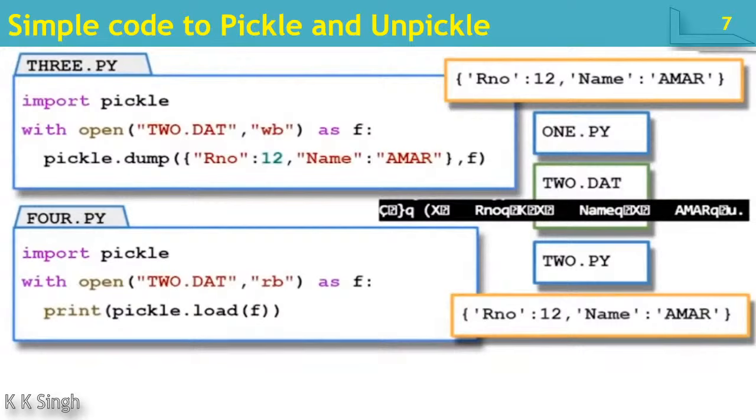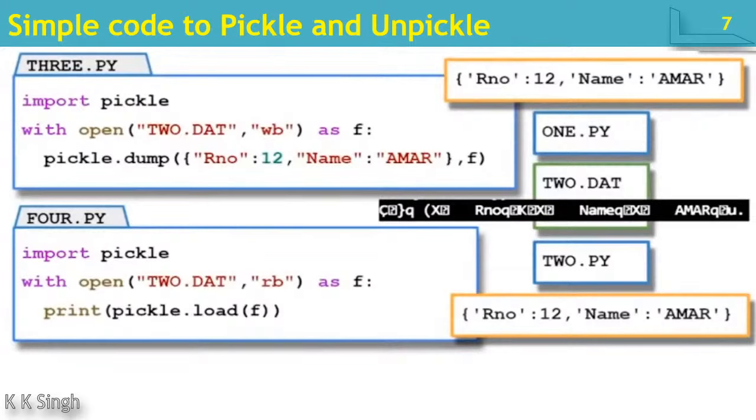Since I had dumped a dictionary onto 2.dat, while loading the information from 2.dat it will load a complete dictionary, and when you say print, it will print the complete dictionary. You can dump the information in the form of a list, a dictionary, numbers, strings, whatever you want.